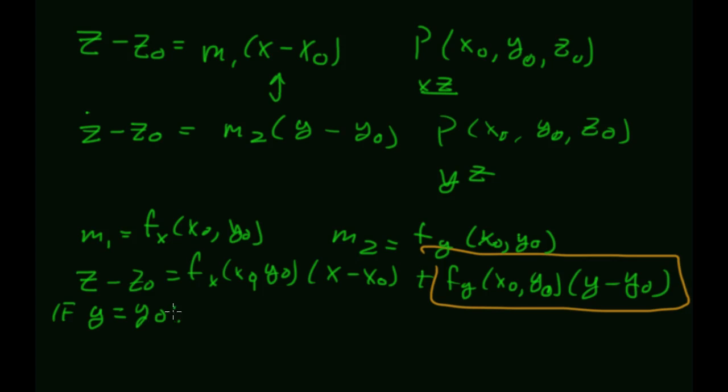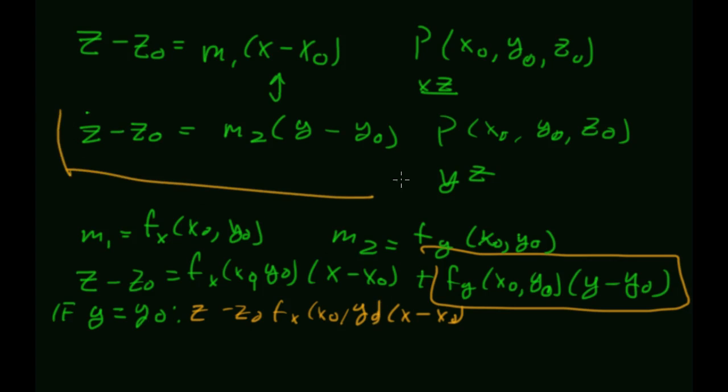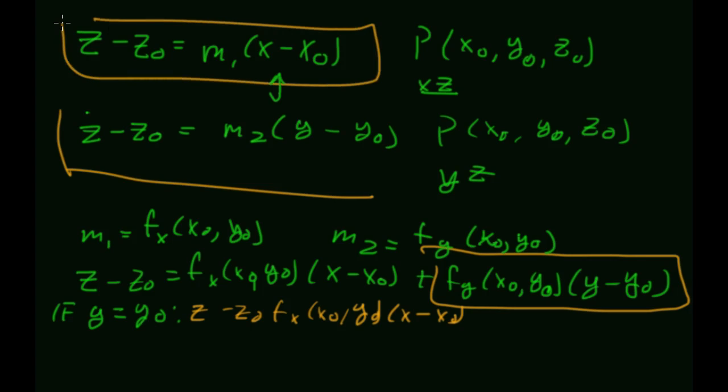So we get back z minus z null is f sub x at x null, y null, times x minus x null, which is this line. There we go. That one.